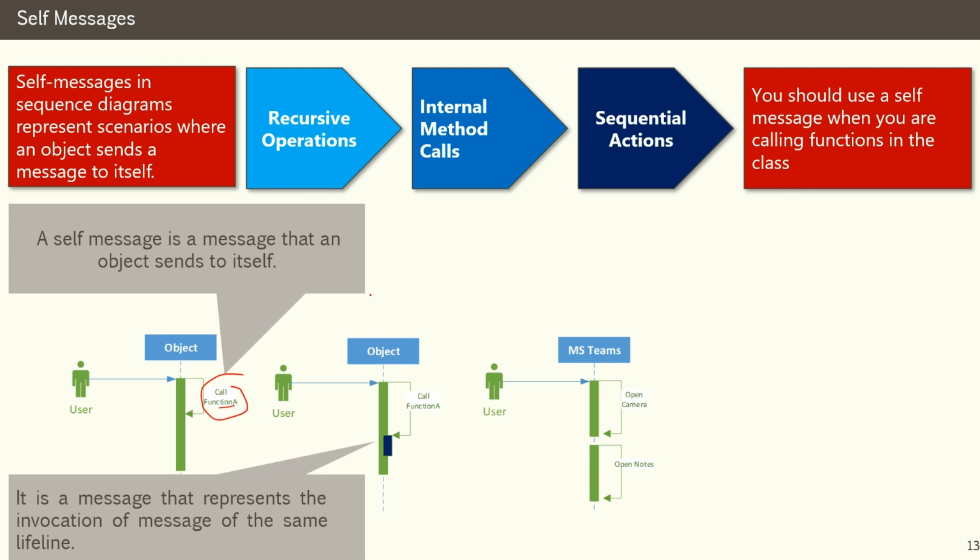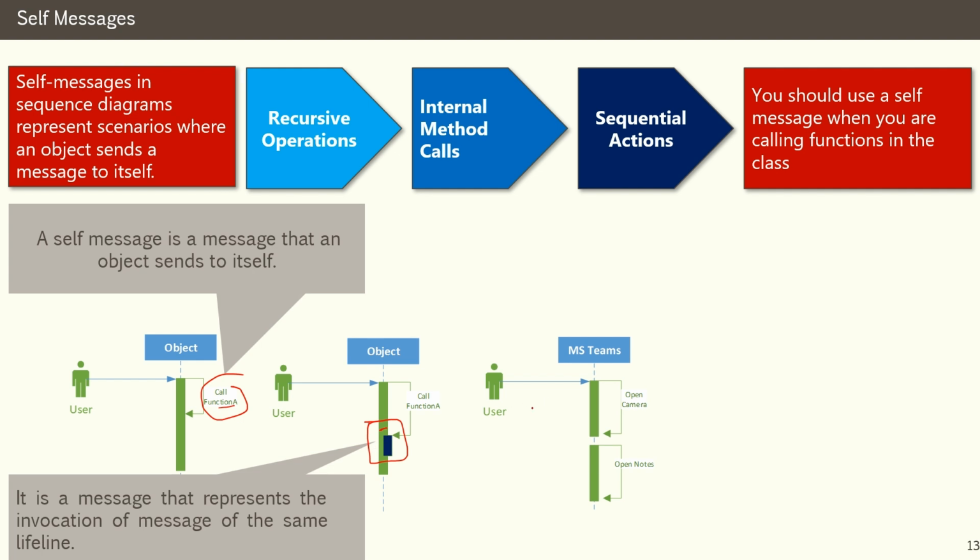So it's a message. If you see here, it can point to the same lifeline. Sometimes we can use a double rectangle as shown here to represent a recursive operation. This is another good visual representation of self messages in a sequence diagram.